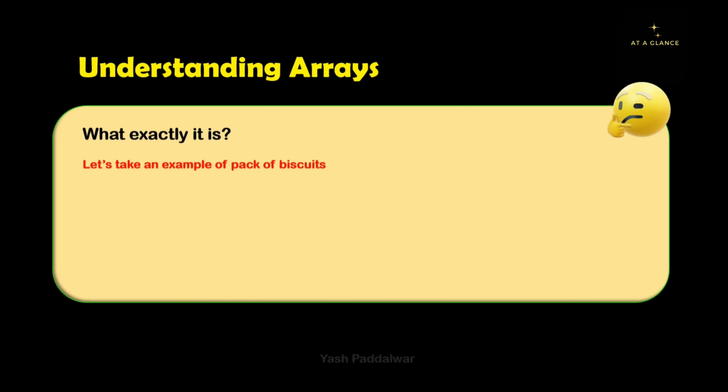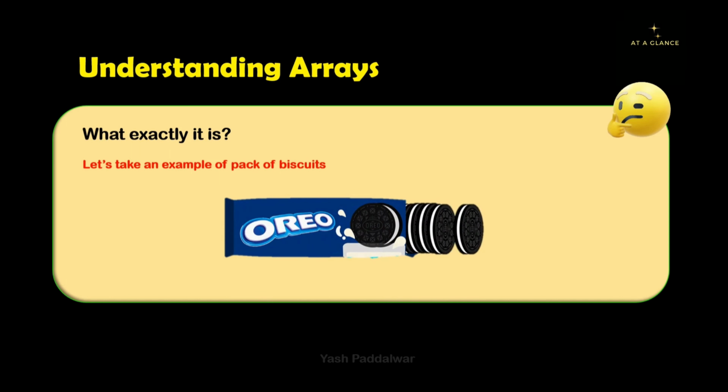Let's take an example of a pack of biscuits. Here I have taken an example of Oreo biscuits. Now just imagine, in an Oreo biscuit packet of chocolate flavor, you will find biscuits manufactured by the Oreo company and only of chocolate flavor. Unless some human error occurs, the packet won't contain a biscuit manufactured by some other company.